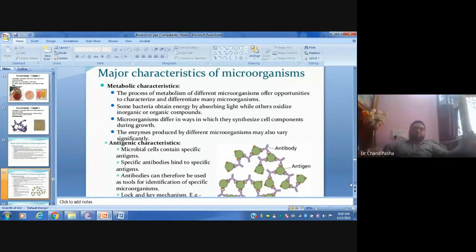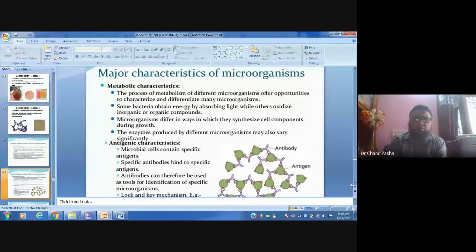Whatever metabolic activities the bacteria have will also be considered under the biochemical characteristics. Next, immunological characteristics, or antigenic characteristics.